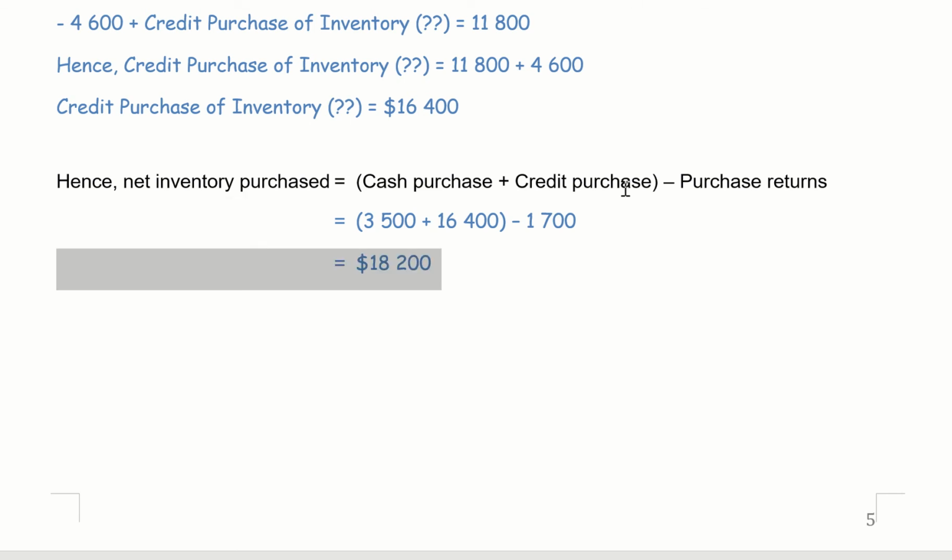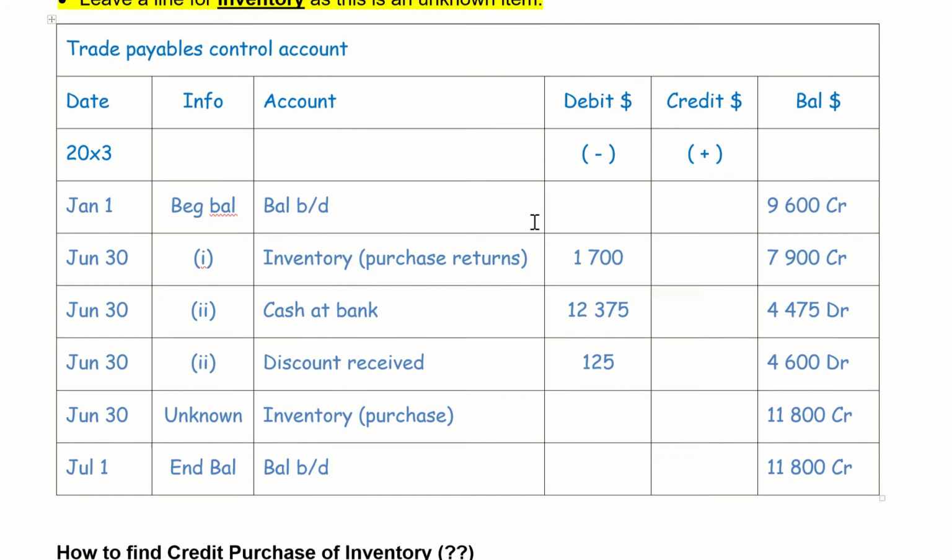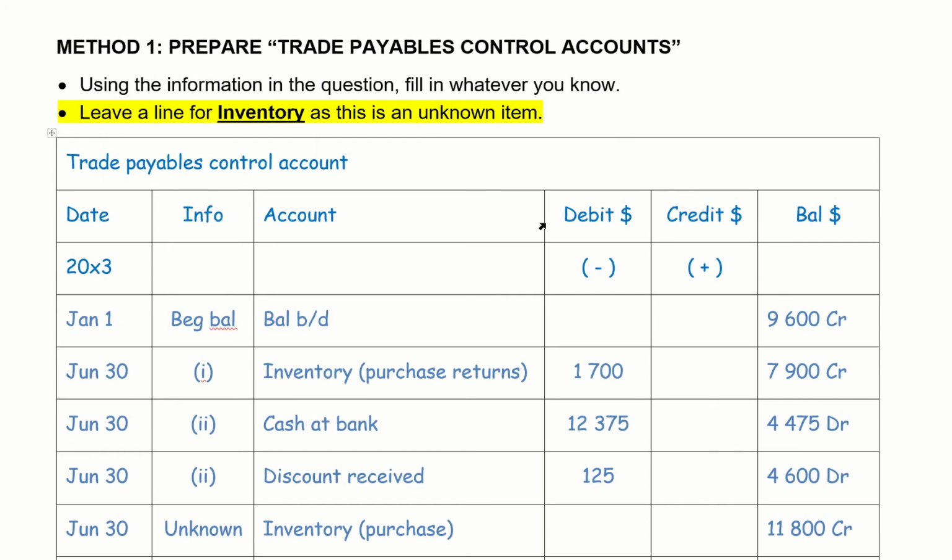And of course, that will give me your net inventory purchase of $18,200. So this is the first method where I prepared my trade payable control accounts.